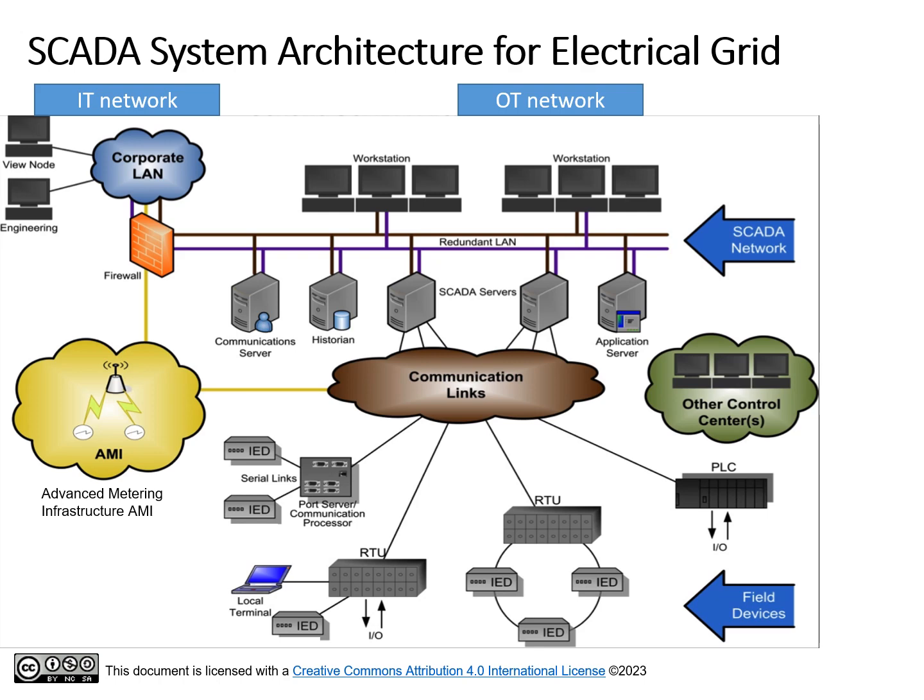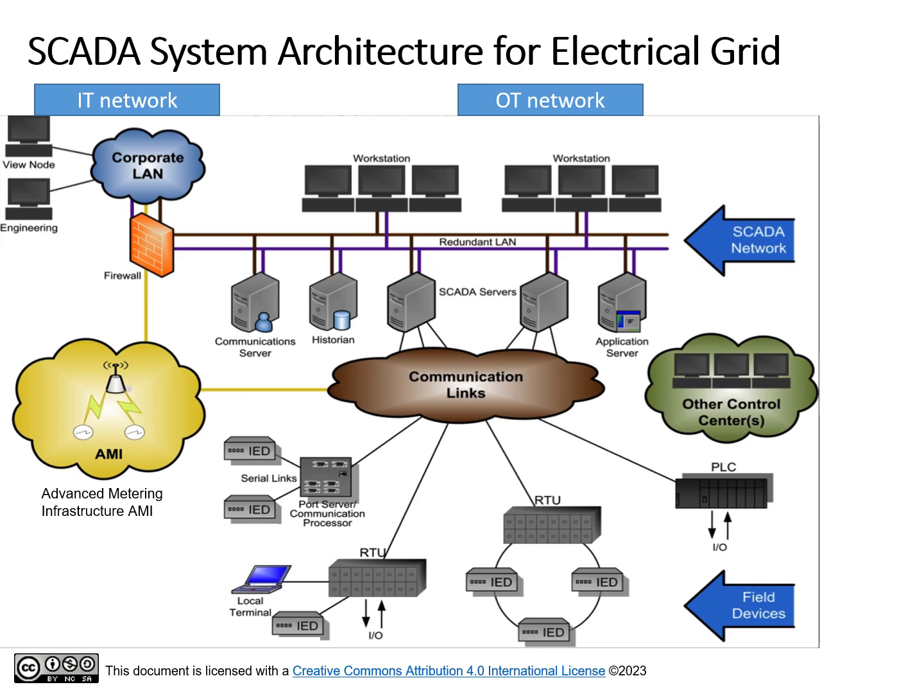This network is called the Operation Technology Network, or OT. The OT network should be isolated from the regular IT network of the utility company by firewalls and isolation zones. In addition to the SCADA system and RTU, an advanced metering infrastructure, AMI, is used to provide communication with smart meters.